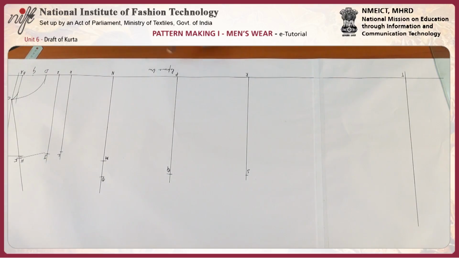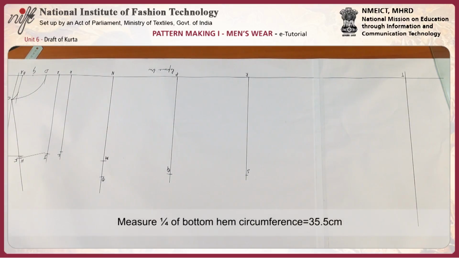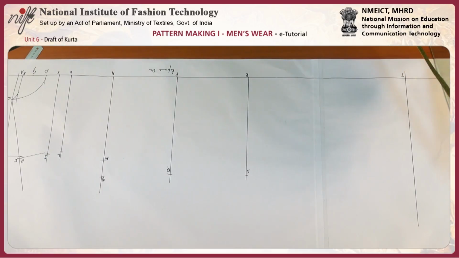After measuring the center back length, that's point B to T, measure 1/4 of bottom hem circumference, that is 35.5 centimeter.